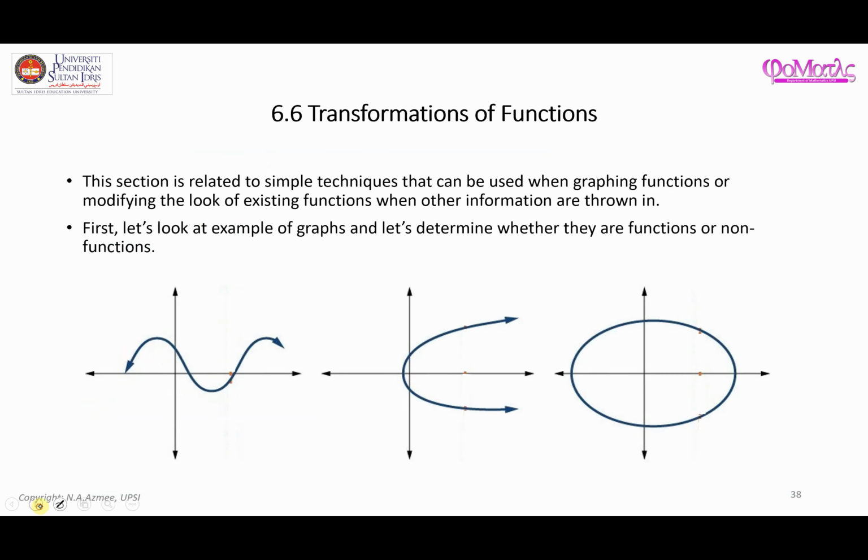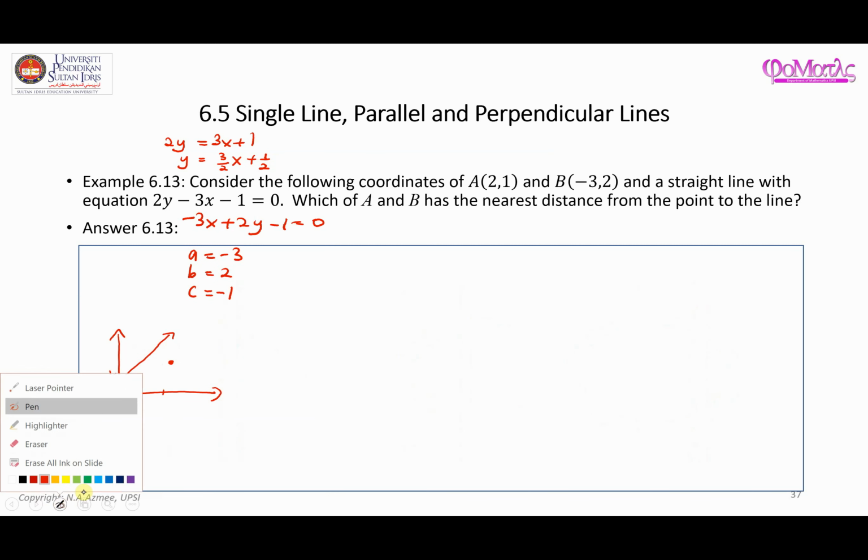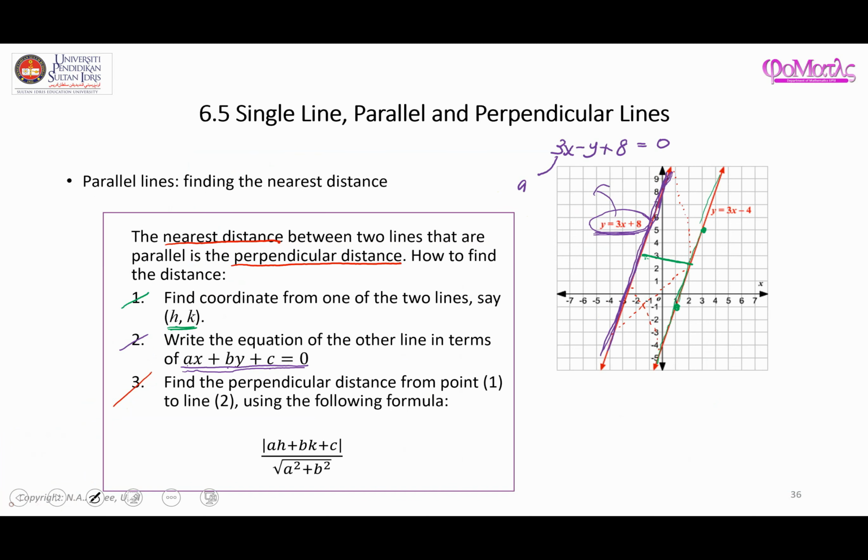You can imagine this point could be coming from another line that is also parallel to this line. So even though this is about finding the nearest distance from one point to a line, you can view it as finding the distance between two parallel lines. I hope I make that clear to you guys.